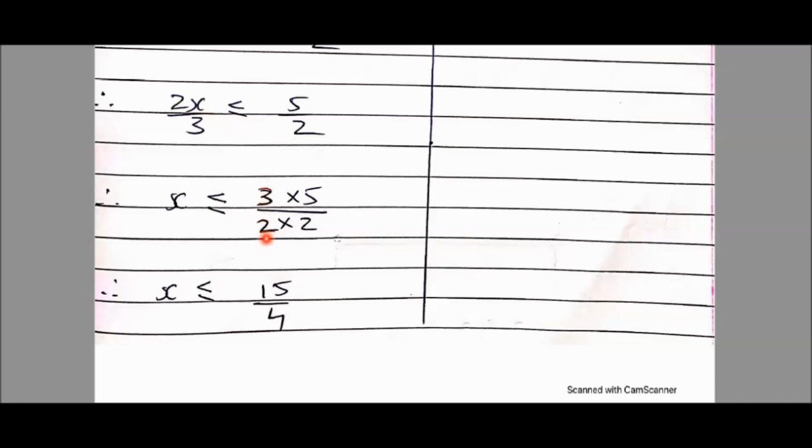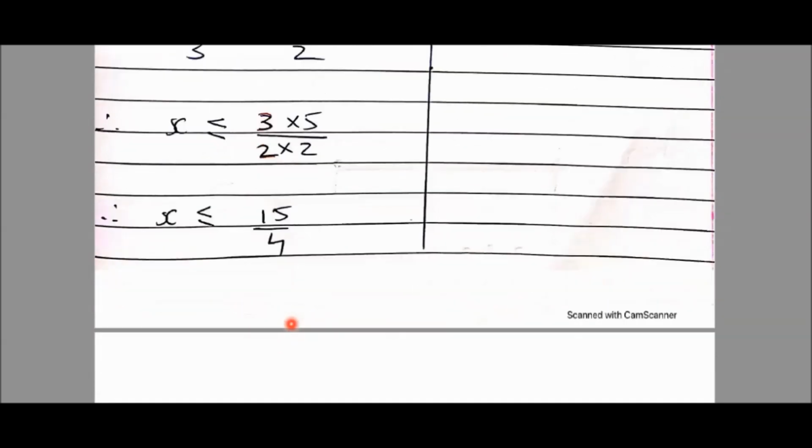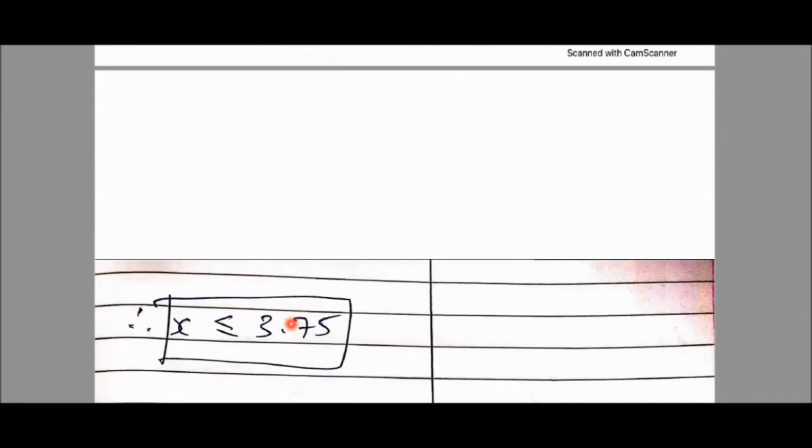See this, it came here, and this 3 which is at the denominator of this x will go at the top multiplied with 5. See here, so 5 3s are 15 and 2 2s are 4. So value of x is 15 upon 4. Will convert into decimal form, so x is less than equal to 3.75. Okay, now moving forward to the right hand side.